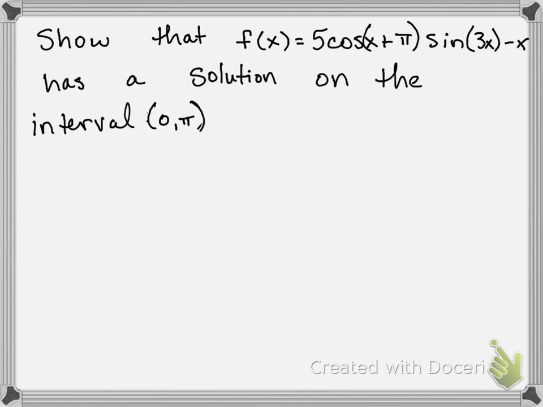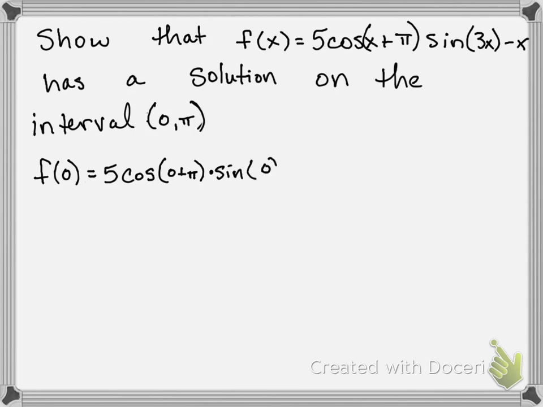Look at your example 2. Does the intermediate value theorem guarantee roots for that on the interval from 0 to pi? We've got to know some of our unit circle. First step for doing these is plug the things in on the interval. So I'm going to try f at 0, which is 5 cosine of 0 plus pi, which would just be pi, times the sine of 3 times 0.